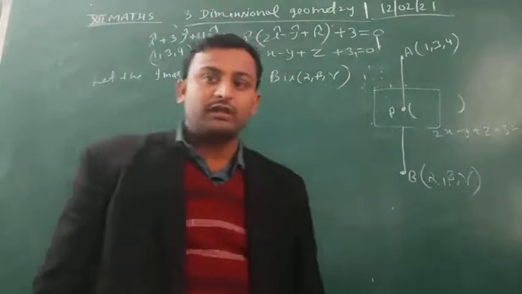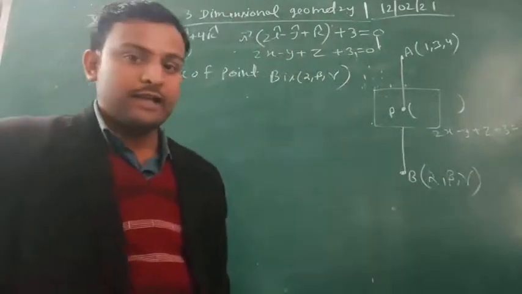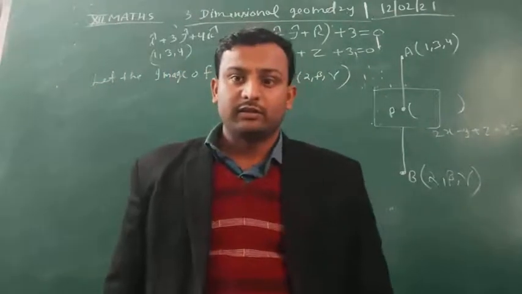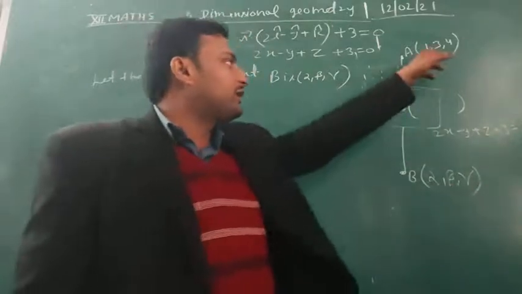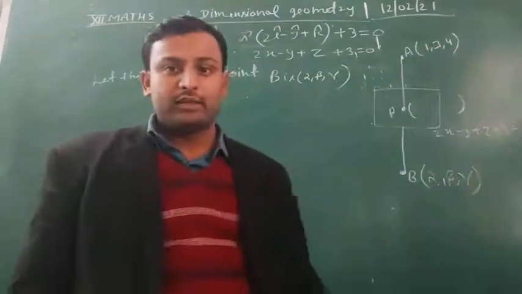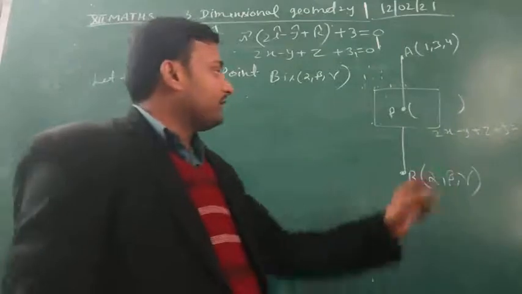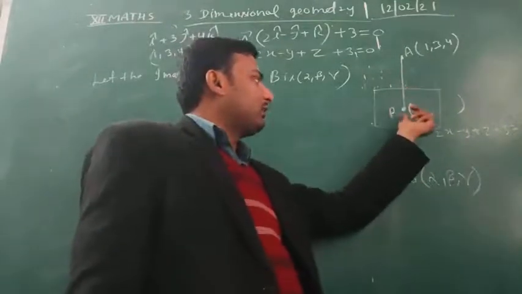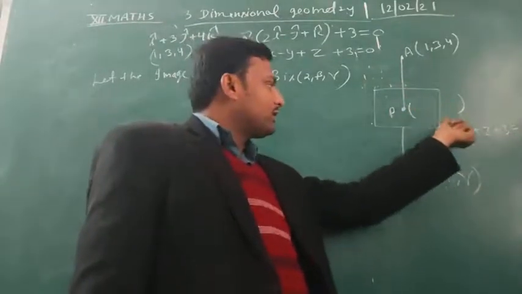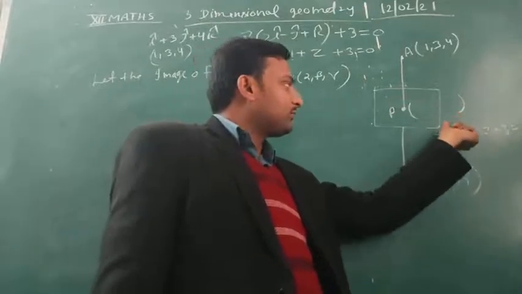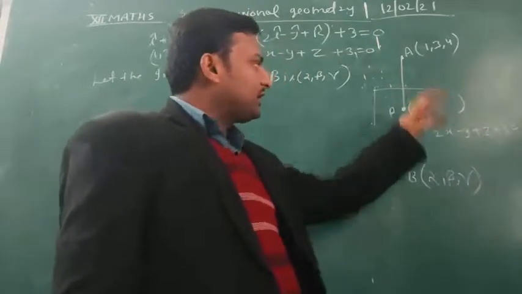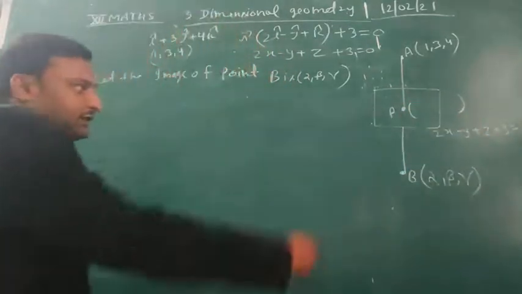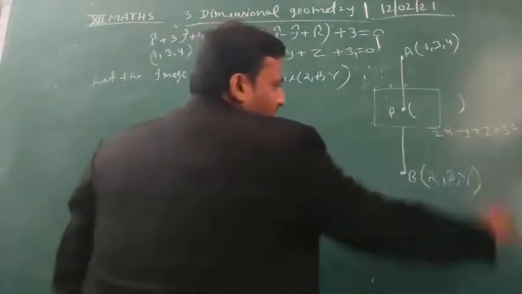So, find the equation of line AP. What will we do, students? We want the point and the direction ratio. The point is given to us, 1, 3, 4, but what is the direction ratio? We see that this line is perpendicular to this plane, so the normal of this plane is parallel to this line. So its direction will be 2, minus 1, 1.